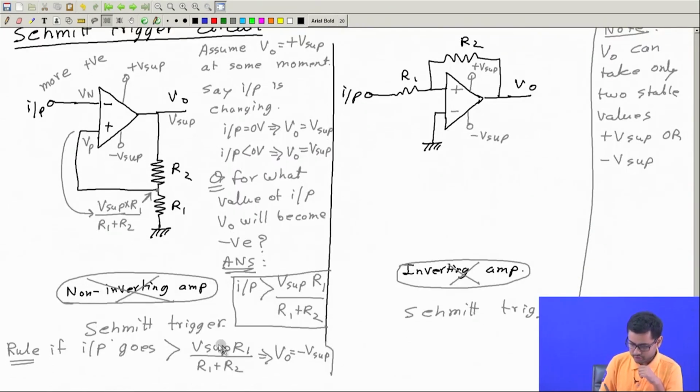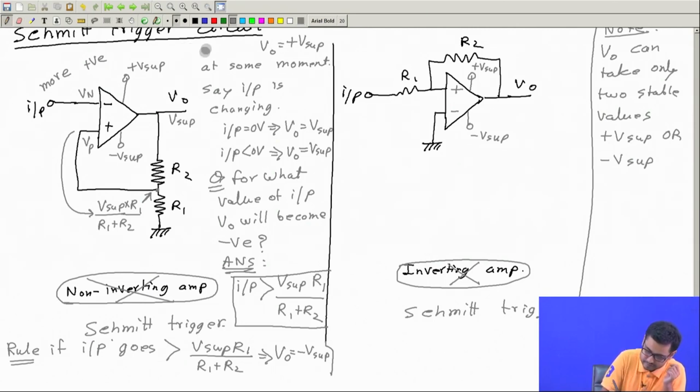So now, the moment when input has gone above this value, output is now negative. So, let me now write that.